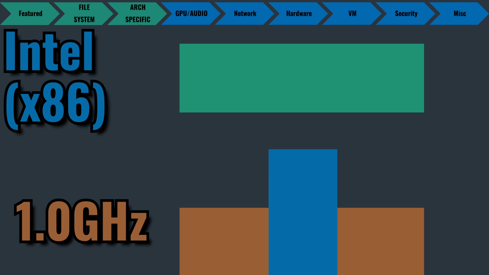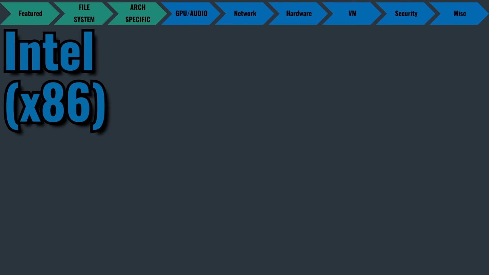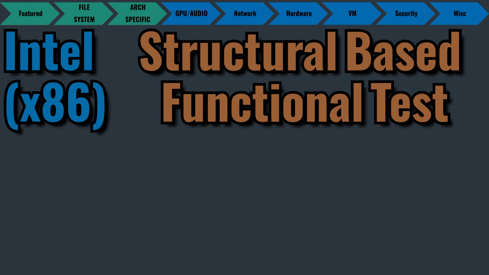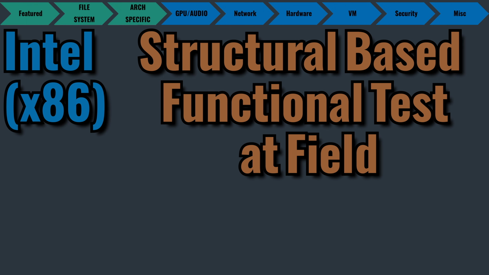And talking about being jealous about Xeon, the CPU added the structural-based functional test at field, which is part of IFS, which is the testing infrastructure of Linux. So the goal here is to be able to test the CPU while it's running and that it could be as fast as possible.